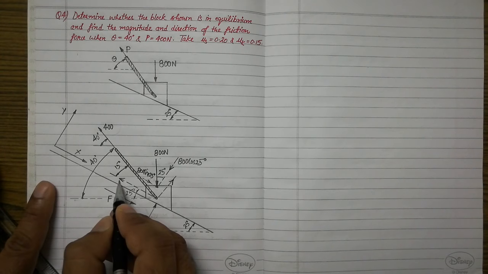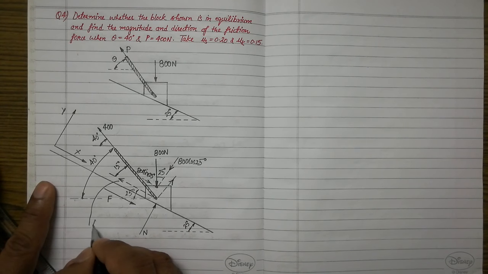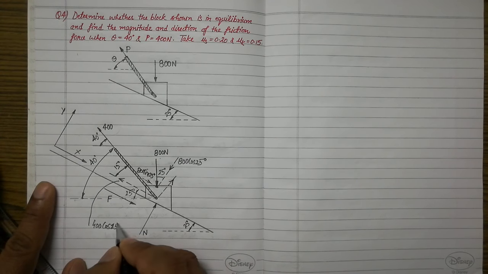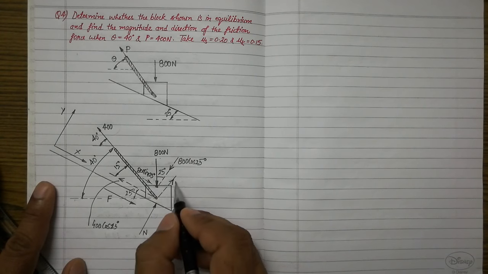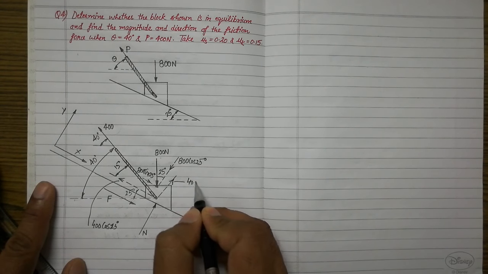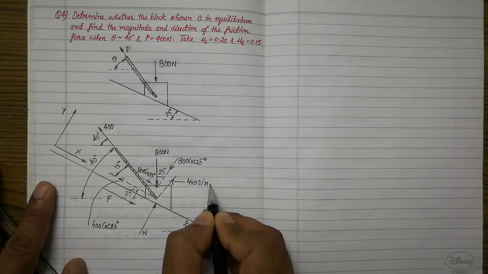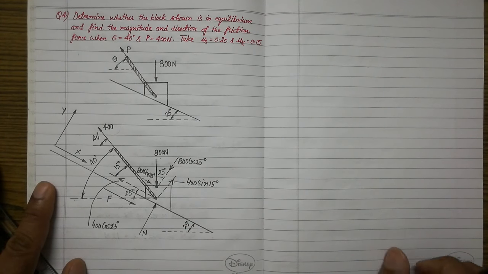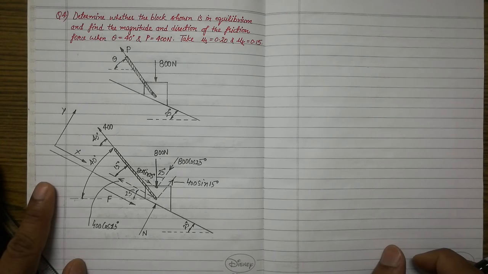It means this component will be 400 cos 15 degrees, because the angle is 15 degrees, and the second component will be the sine component, that is 400 sin 15 degrees. So now we are ready with the free body diagram, and we have to solve this problem.